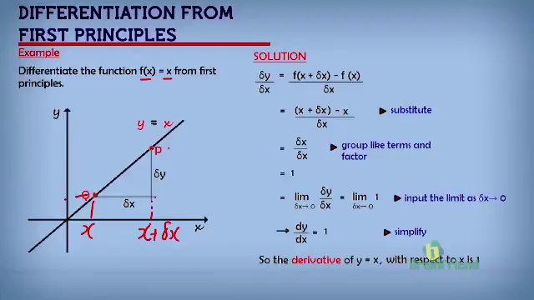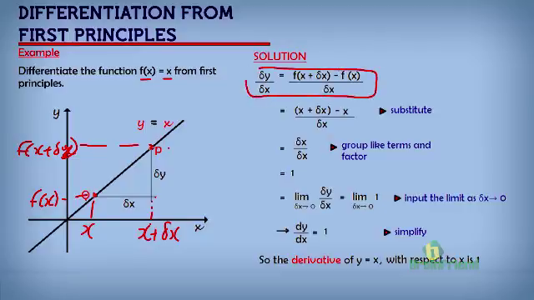Also, this was our original function f of x, while this is f of x plus delta x. Hence, we have our original formula derived as the differentiation from first principle formula.